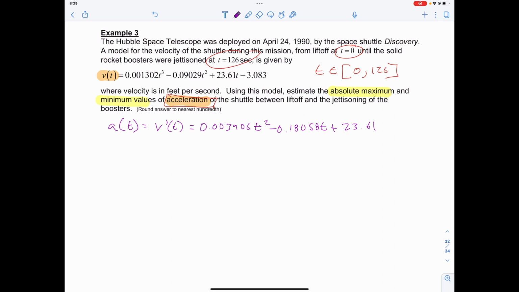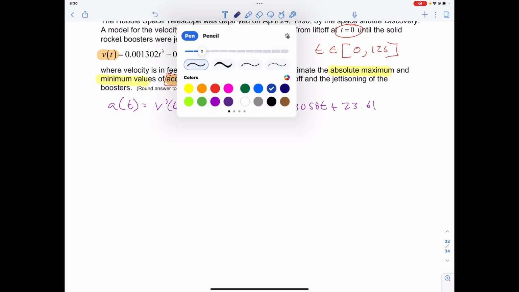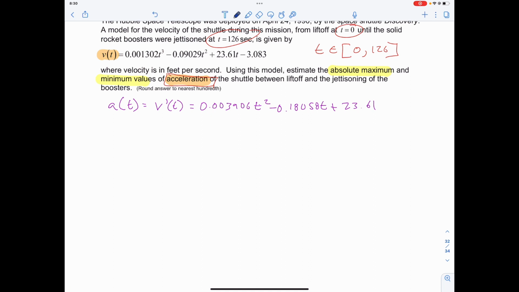Now, because it wants the maximum and minimum acceleration, we're still going to need to derive this formula to find mins and maxes specifically for the acceleration. So I'm going to take a prime of t, and that's going to give 0.007812 t minus 0.18058, sorry about that.